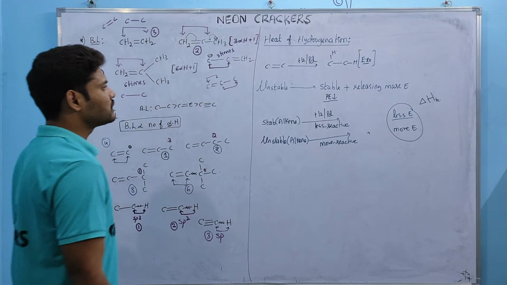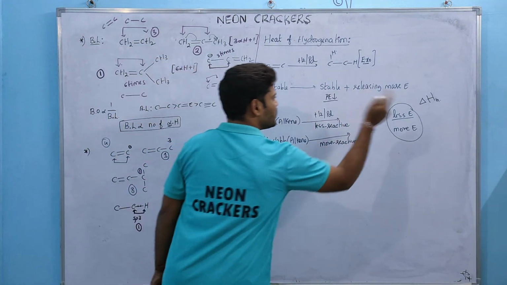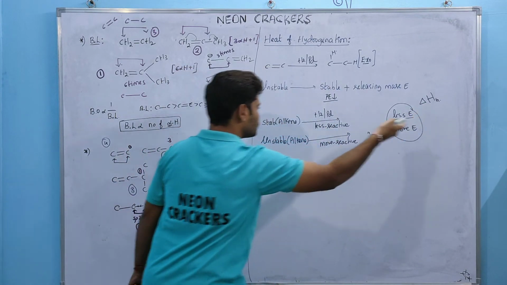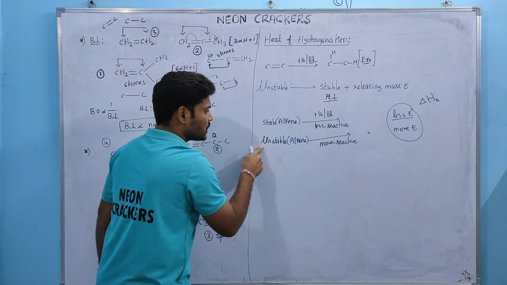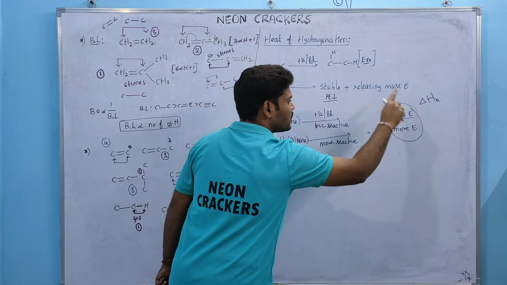Now tell me the relationship between stability and heat of hydrogenation. Stable alkene, less energy released, right? Yes or no? Unstable alkene, more energy is released.